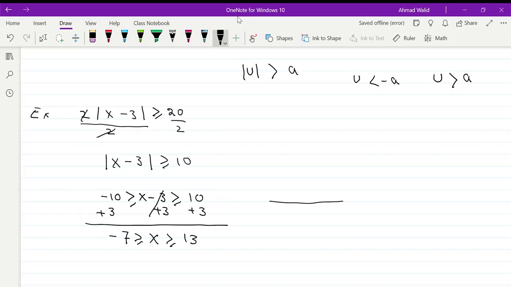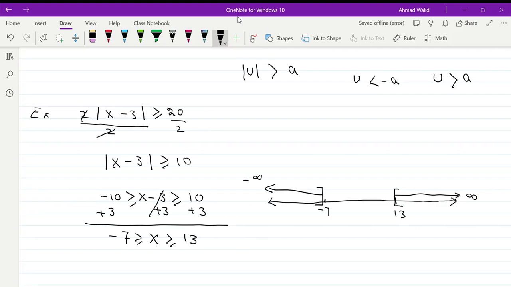Graph. Here is your 13. Mark one point as 13 and another point as negative 7. X greater than or equal to 13, bracket, moving to infinity. X less than or equal to negative 7, bracket, moving to negative infinity.